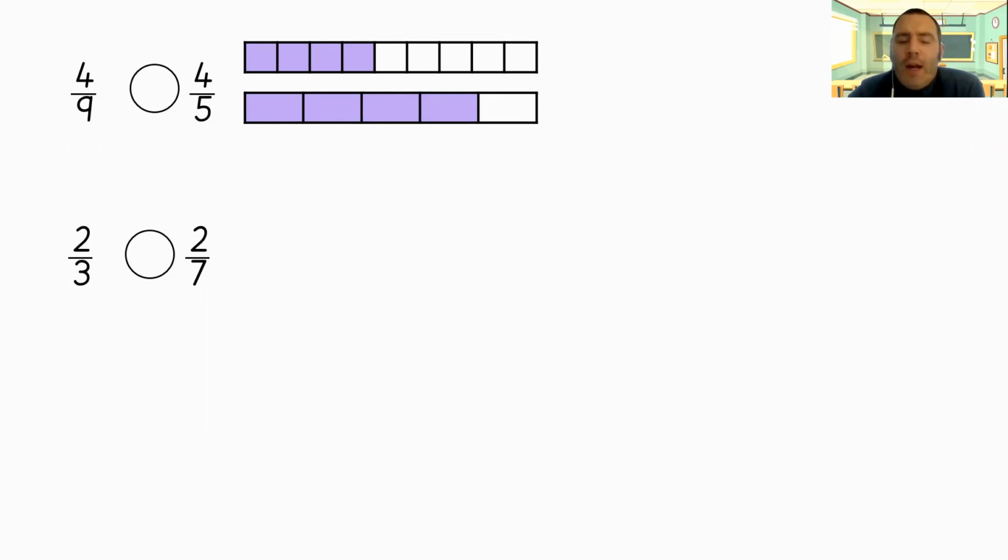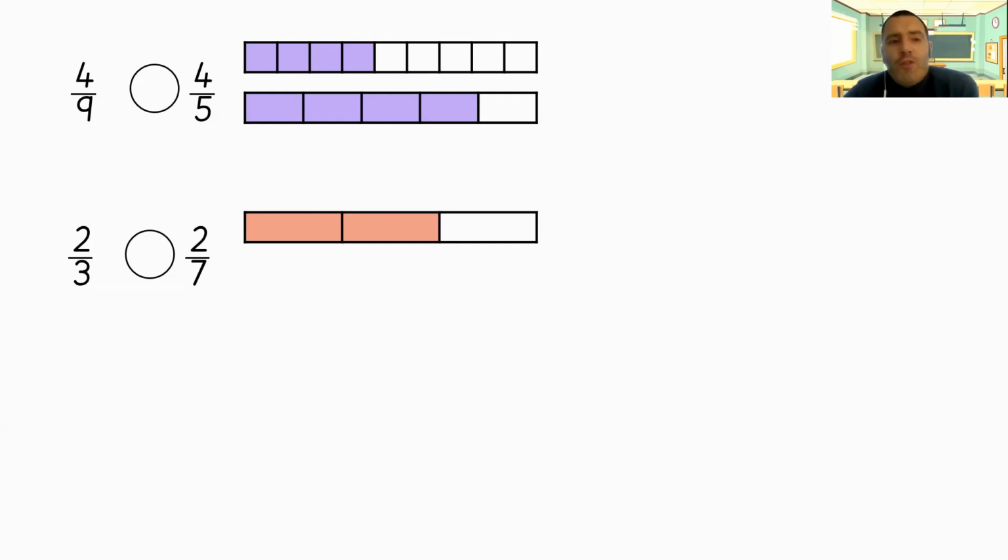Remember, we're comparing, the whole will be the same. All we're talking about with our denominators is what the bar's been cut into. So we've got 4/5. We can see visually that there is more on the 5ths bar than there is on the 9ths bar. So 4/5 is greater than.